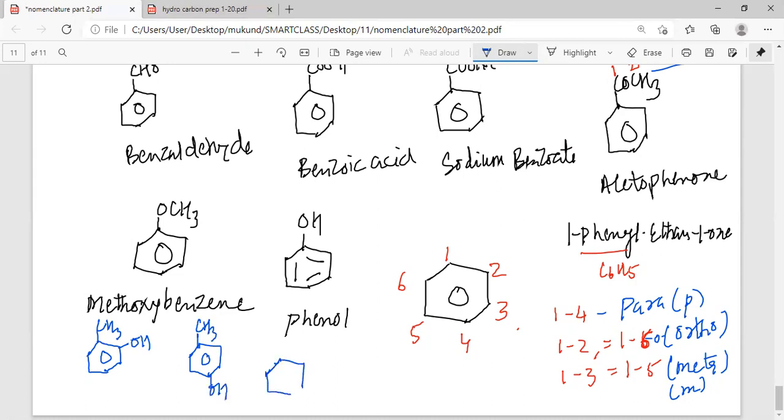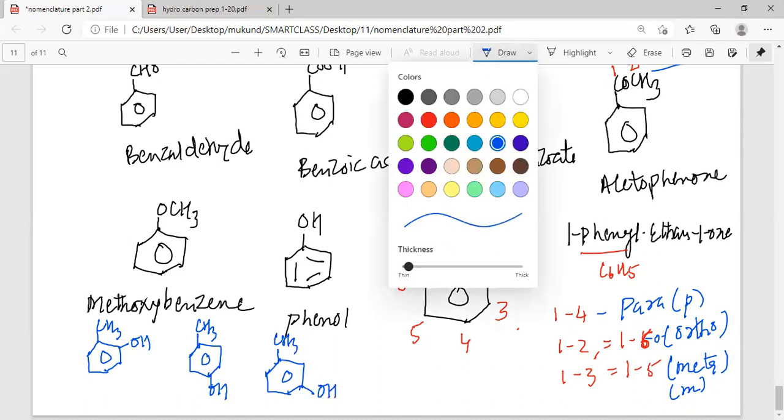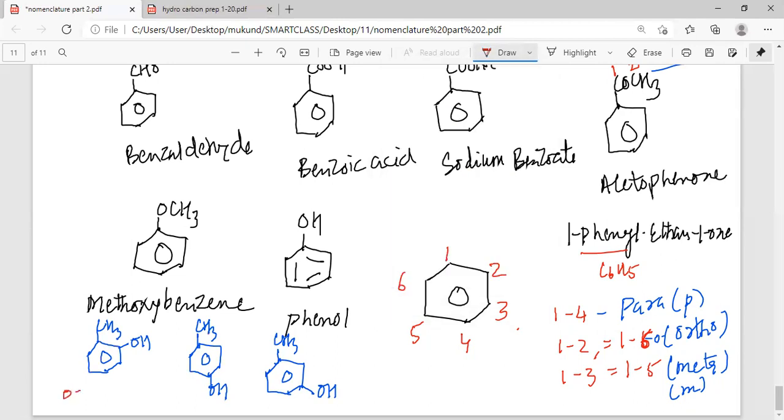So now you will understand about the ortho, para, and meta positions. This is what it is known as orthocresol. This is what it is known as paracresol. And this is what it is known as metacresol.